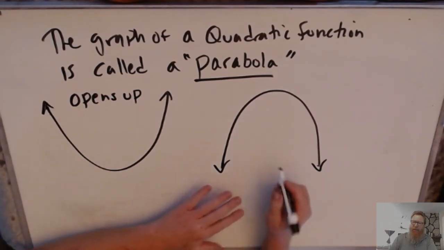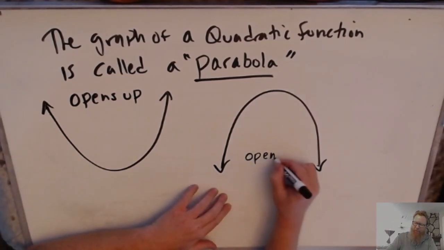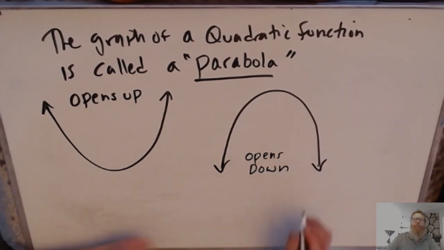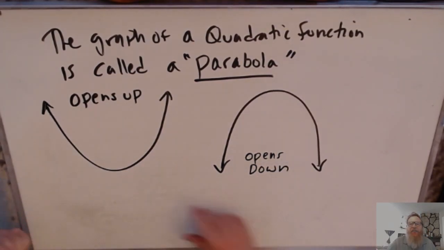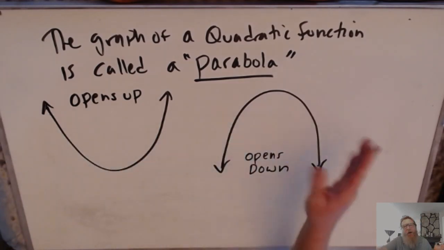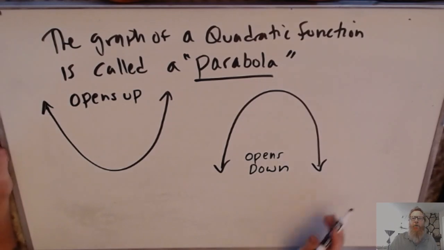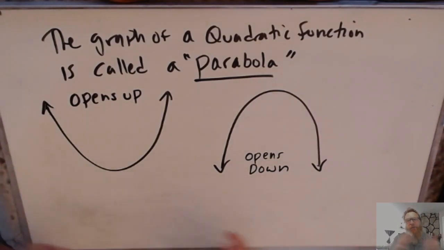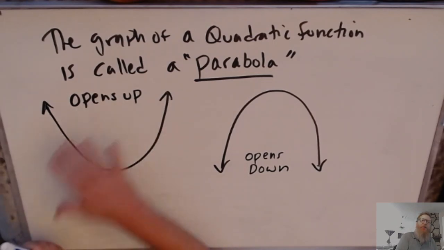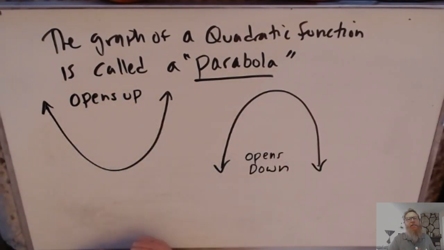It opens up. And this one opens down. There are more sophisticated terms like concave up and concave down. We're not going to get into those details in this particular course. This is a survey course of just the general behavior of a quadratic function. So we're going to use layman's terms like opens up and opens down.